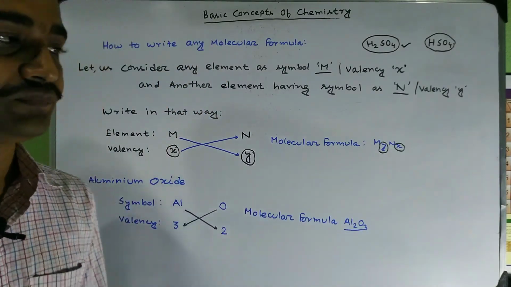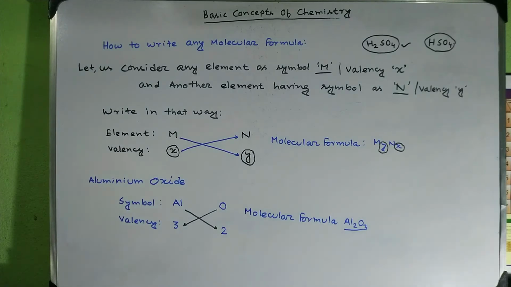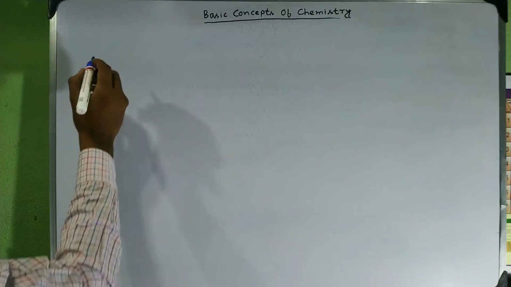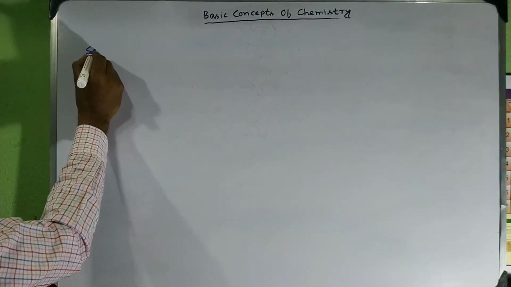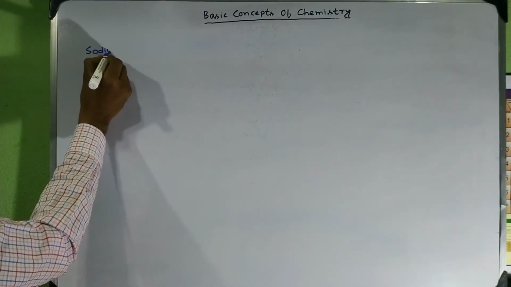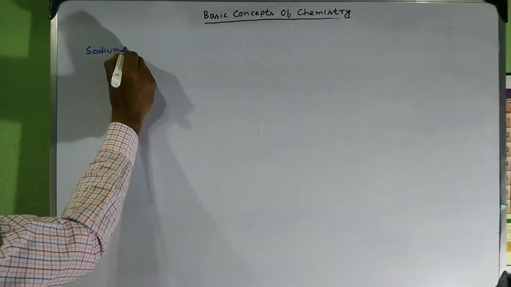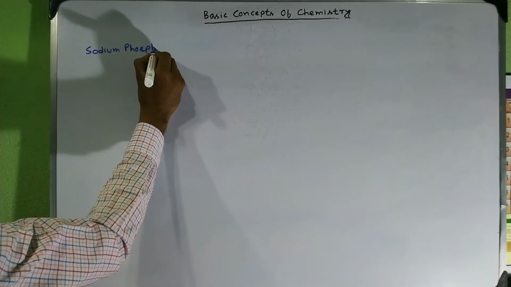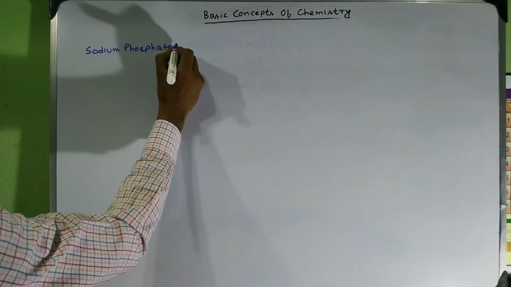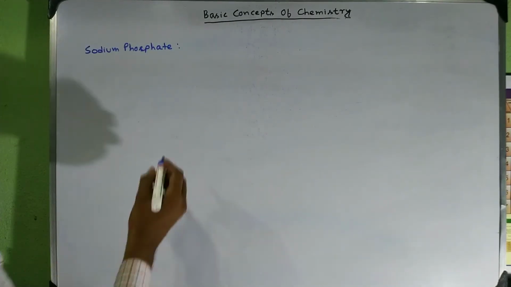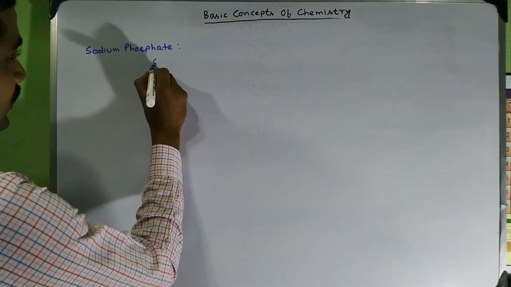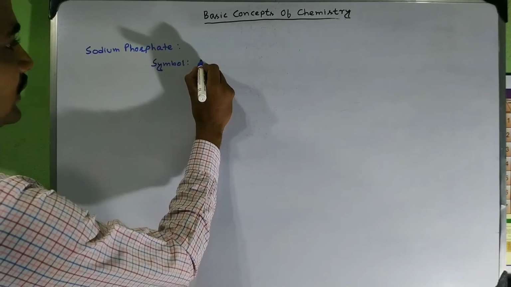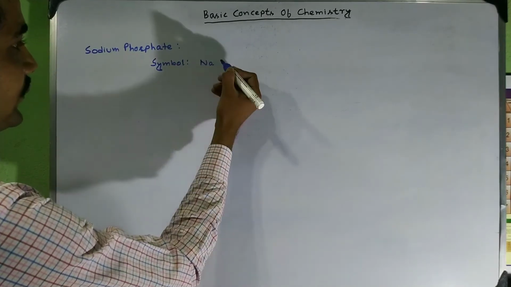Clear, student? Now another example is sodium phosphate. We all know the symbol of sodium is Na.